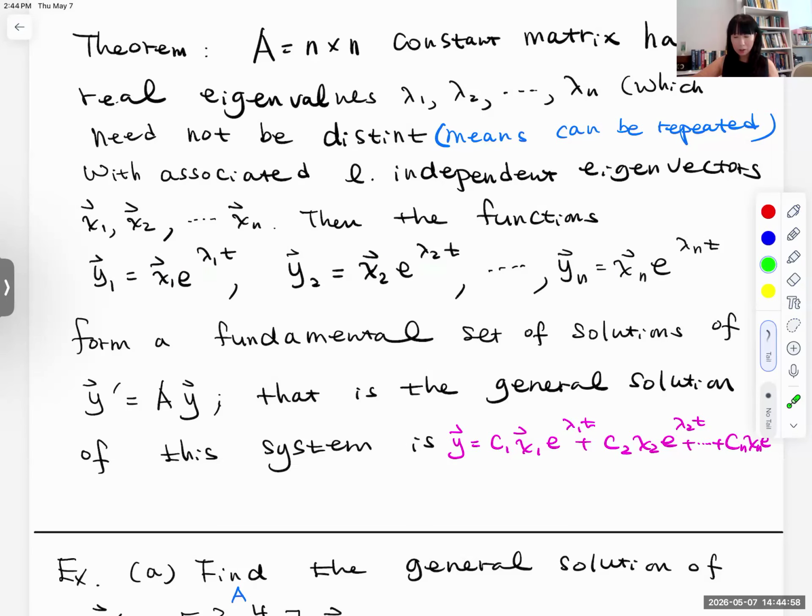Sorry, I did not mix up the eigenvalues and eigenvectors. Okay, so it's the form of a fundamental set of solutions.